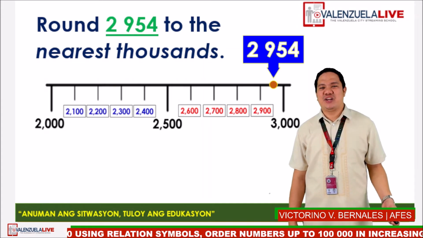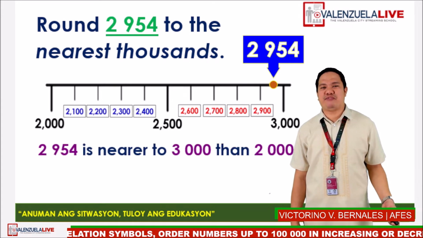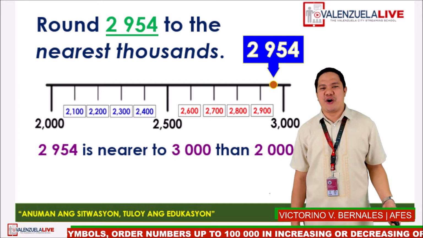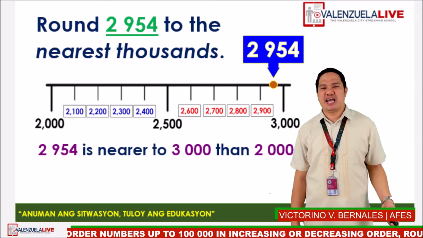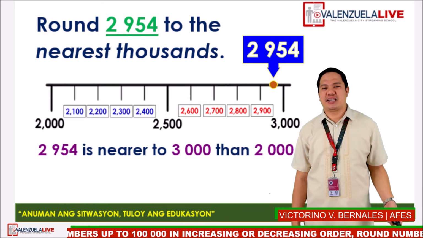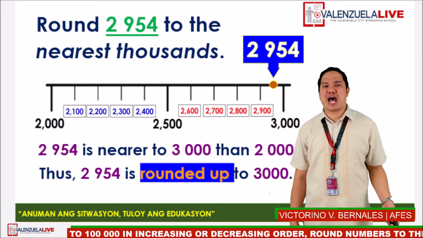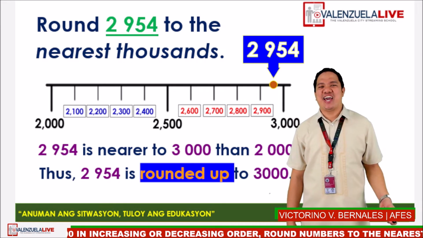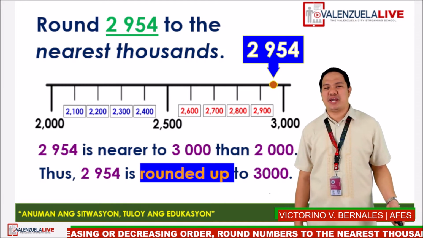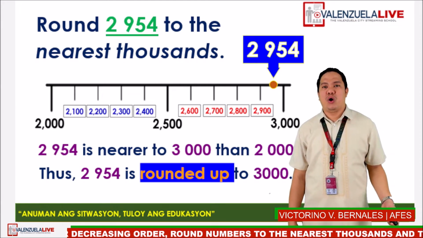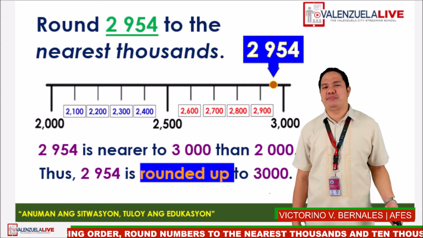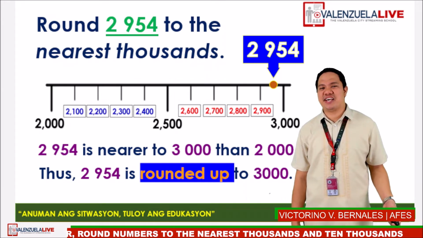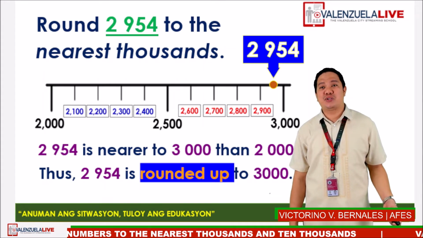Meaning, 2,954 is nearer to 3,000 than 2,000. Thus, 2,954 is rounded up to 3,000. When we say rounding up numbers, it is the process of rounding numbers to a higher number.